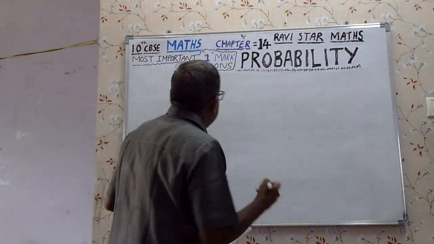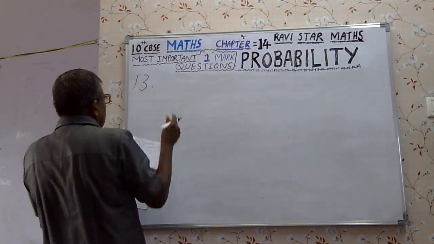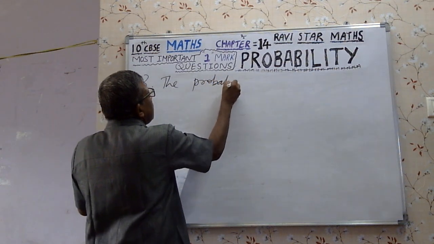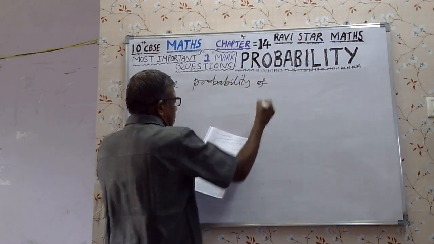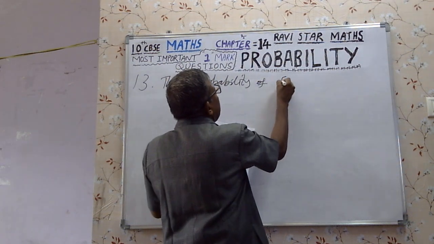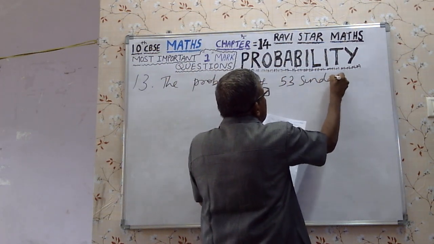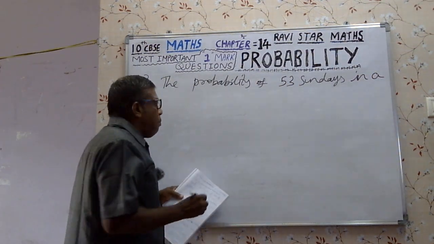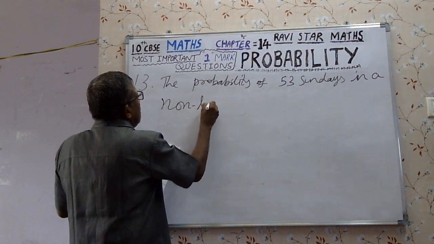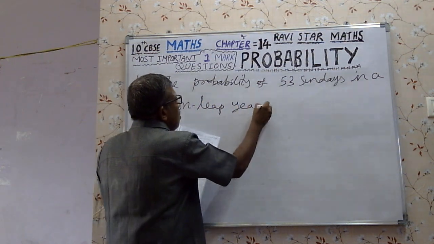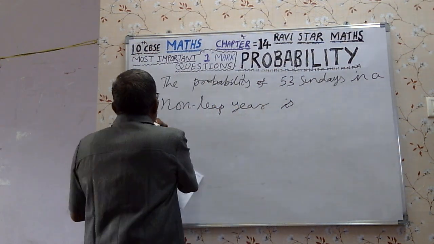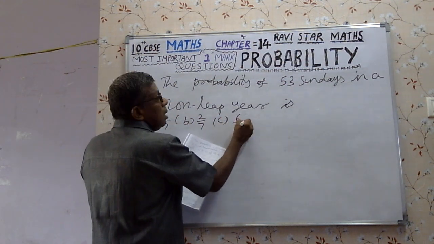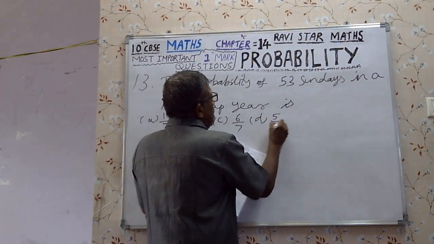Now question number 13. The probability of 53 Sundays in a non-leap year is option A 1 by 7, option B 2 by 7, option C 6 by 7, option D 5 by 7.